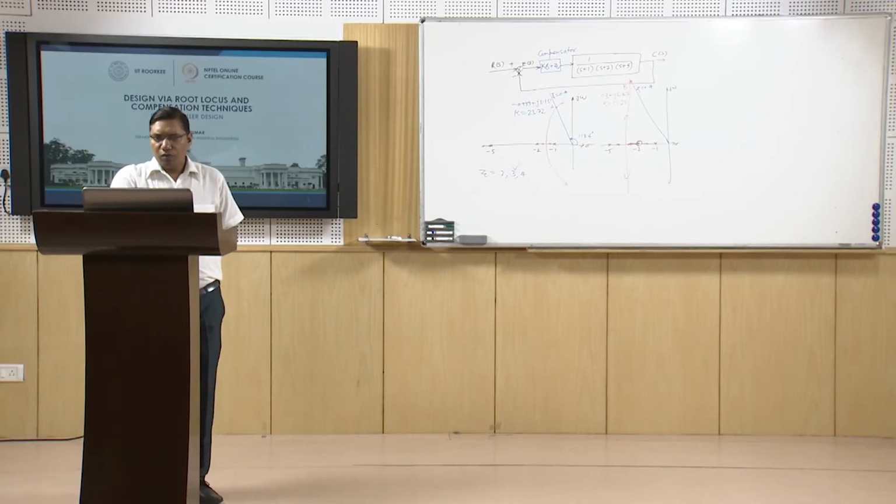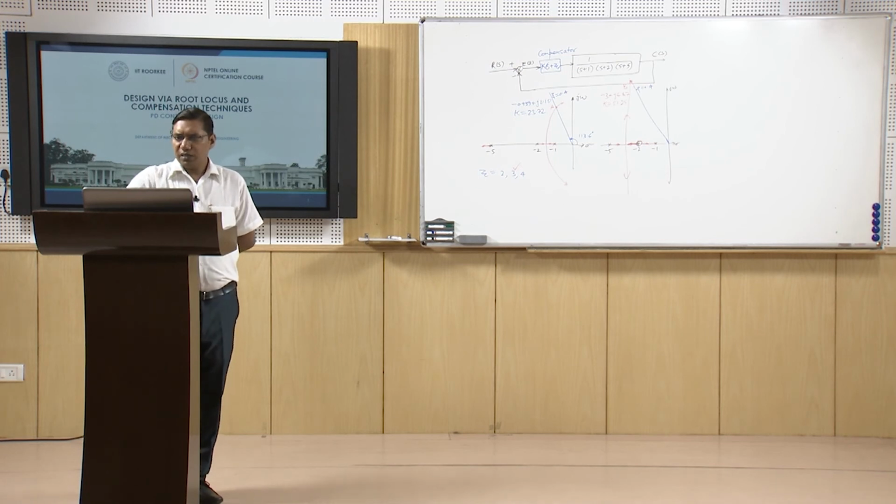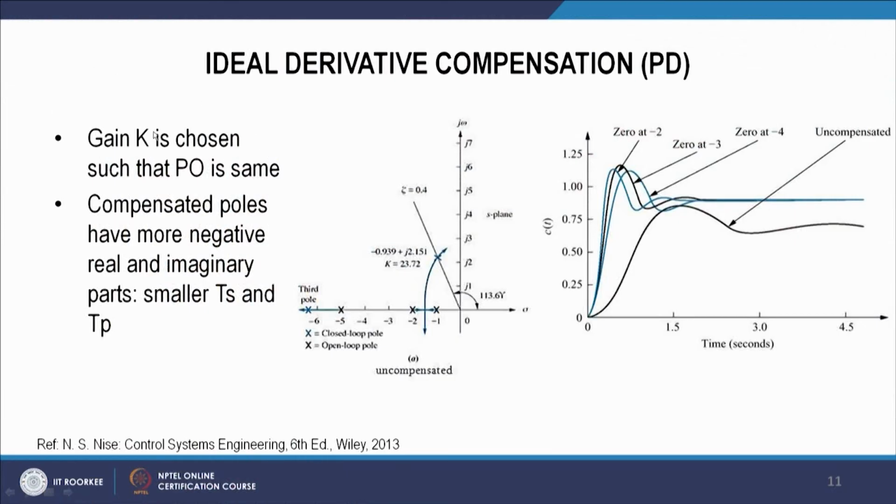So now we can see the responses of these three, and we see that the percent overshoot is constant. We have kept constant percent overshoot, and the more negative the real and imaginary parts, the smaller will be Ts and Tp.